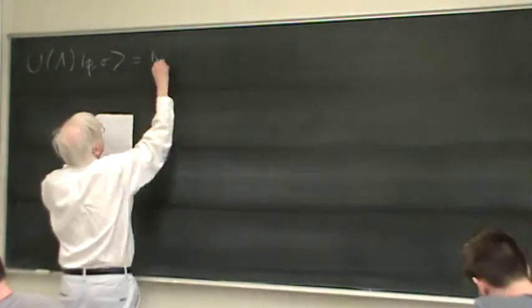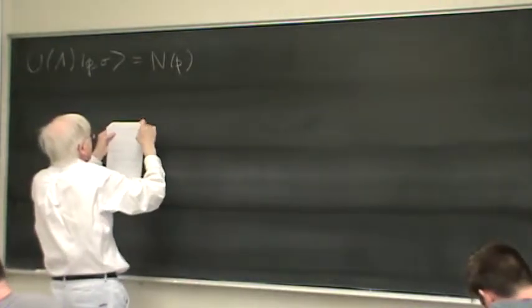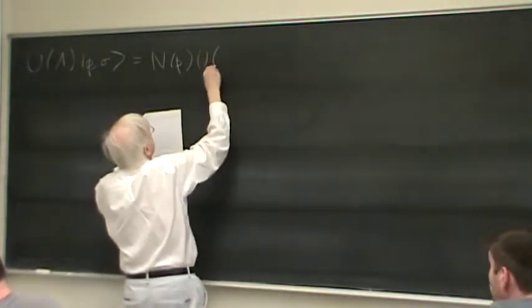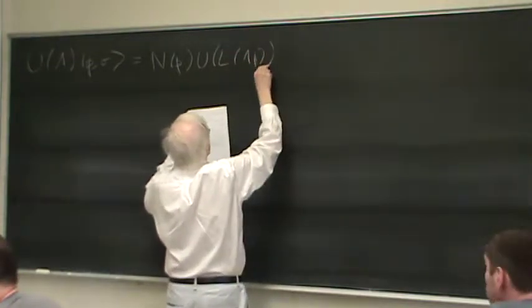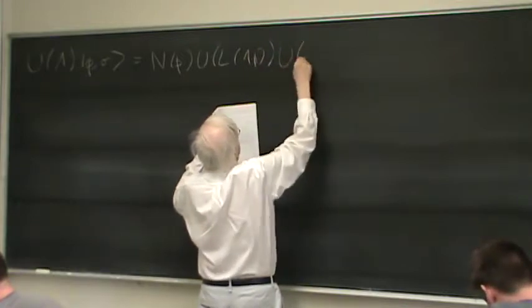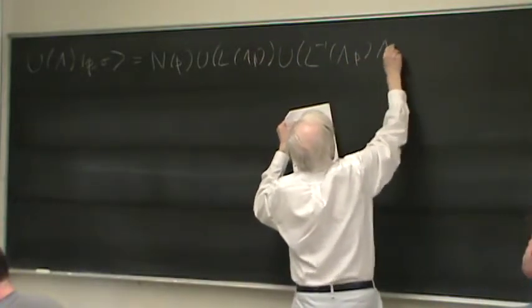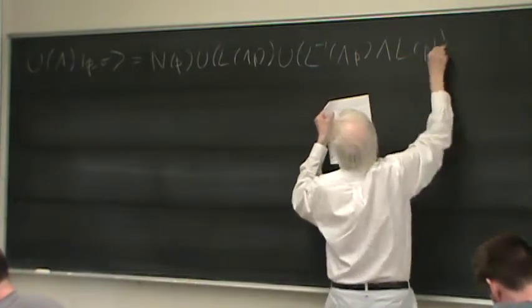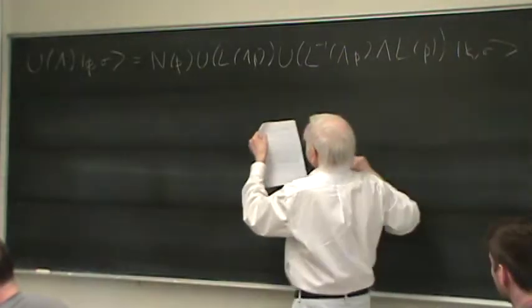This, as we said, was a normalization factor N of P, U of L of lambda P, U of L inverse of lambda P, lambda L of P, K sigma.